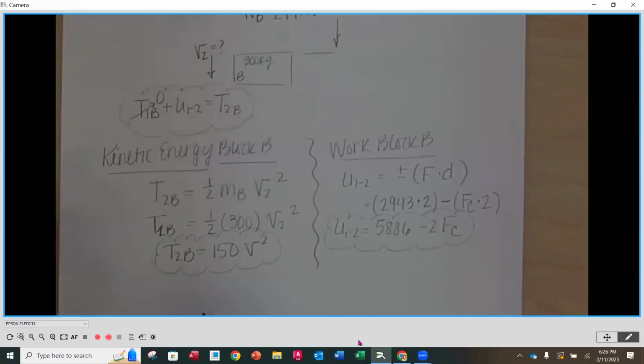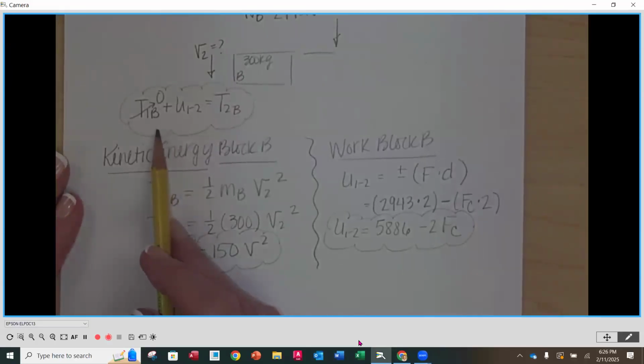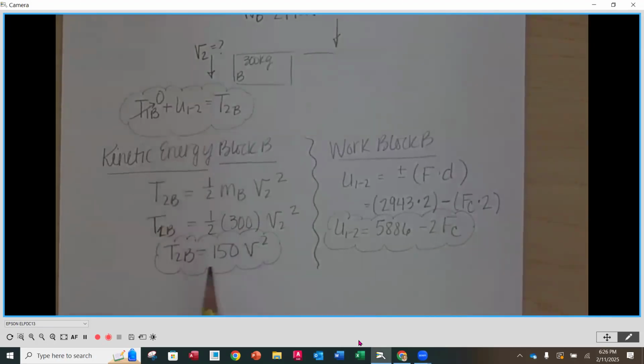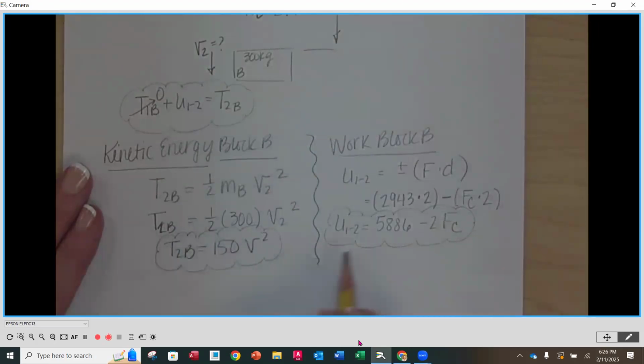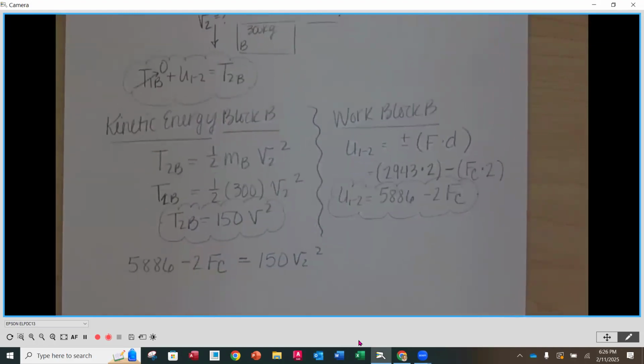All right, now we are going to insert these two values into our work energy equation for block B. So our work side first is going to be 5,886 minus 2FC. It's going to be equal to T2B, 150 V2 squared.